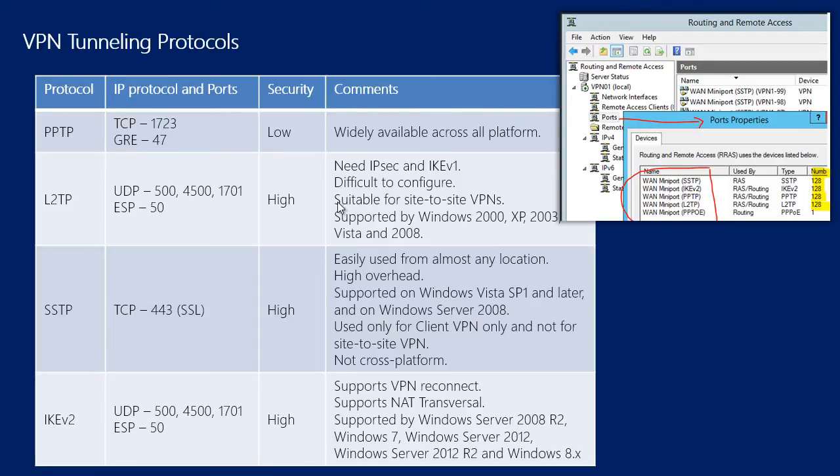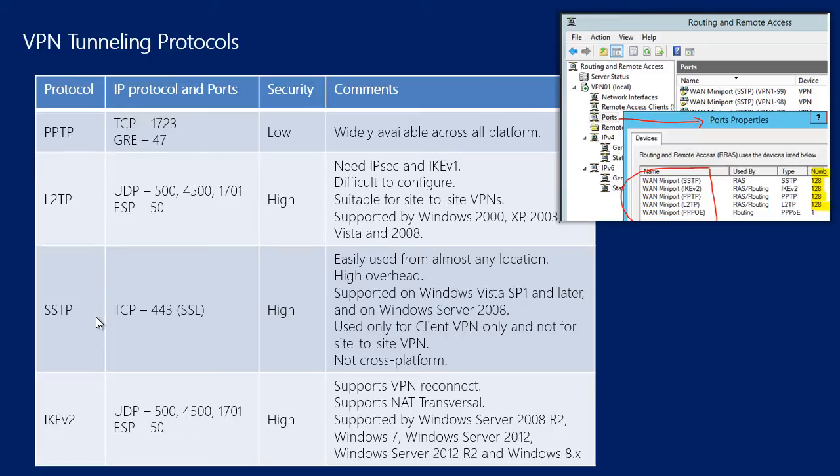It has very high security, but it needs IPsec and Internet Key Exchange version 1. It is difficult to configure, but it is best suited for site-to-site VPN. It is supported by Windows 2000, Windows XP, Windows 2003, Windows Vista, Windows 2008, and later editions of Windows operating systems.